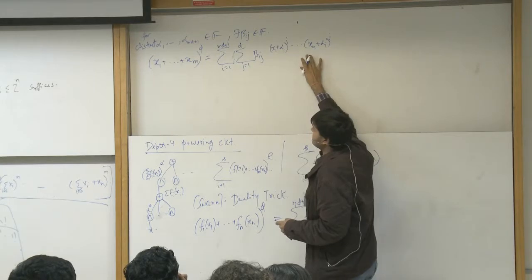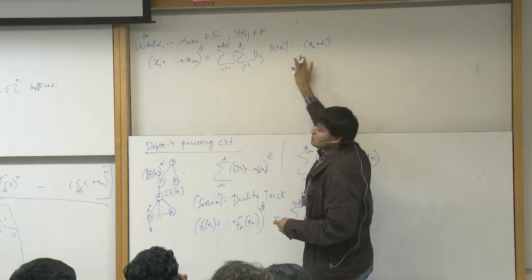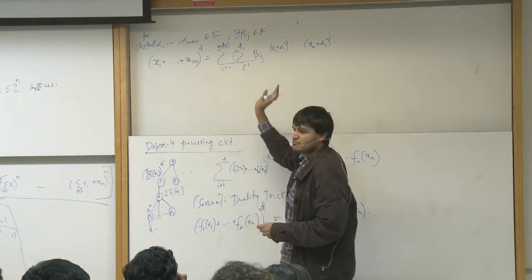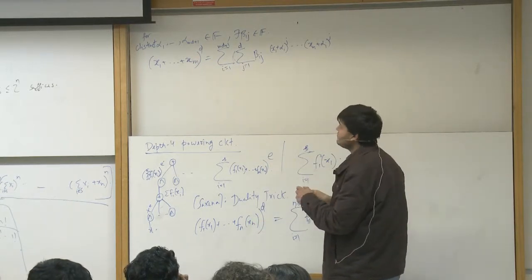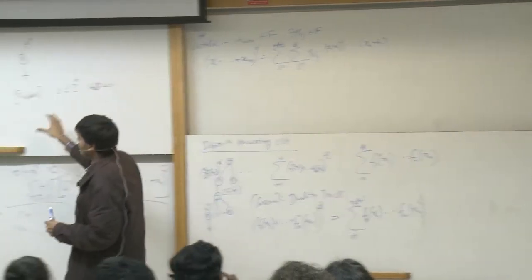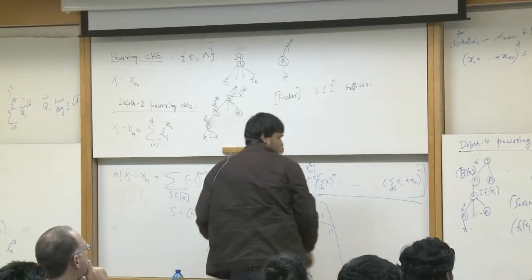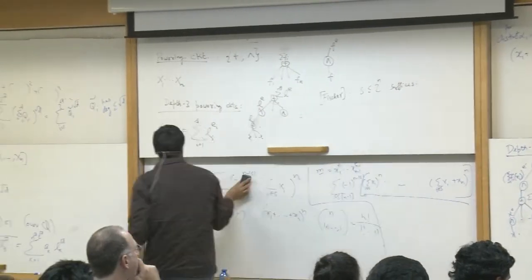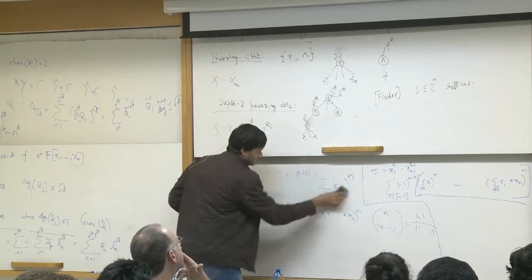This is alpha i, and there are only md plus 1 alpha i's. And the proof will be just by interpolation. So let's see the proof. I will erase this.